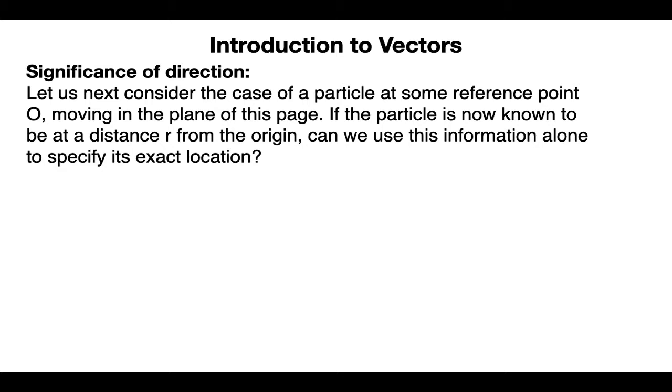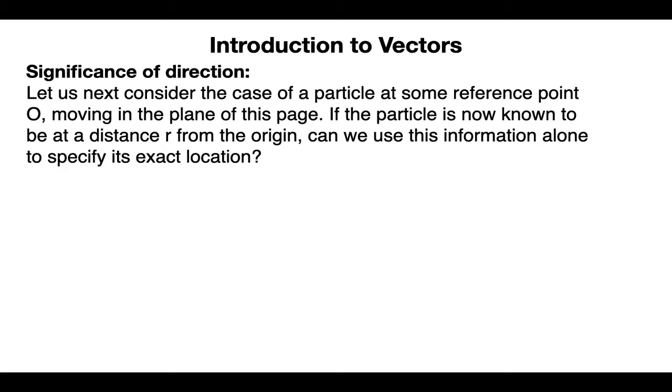Now the particle moves away from this reference point O and covers a distance r in this plane in which we are writing. So we have the initial location of the particle O, and we know that it has covered a distance r. It is at a distance r from the point O.